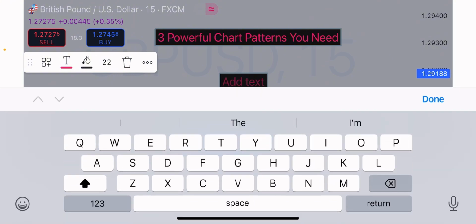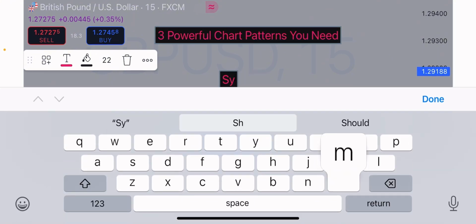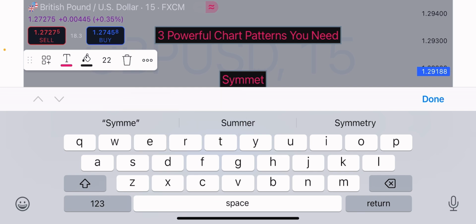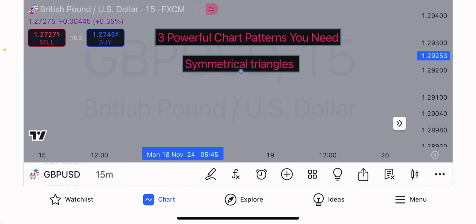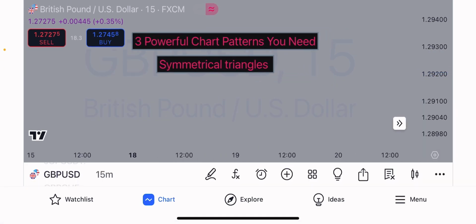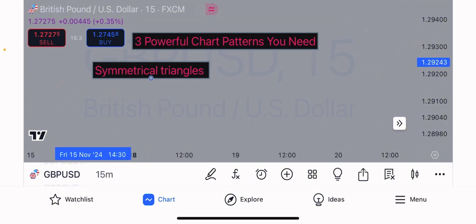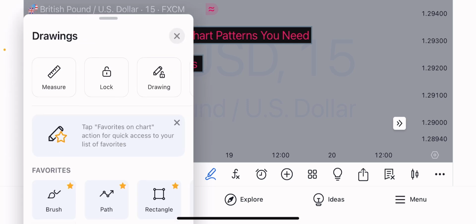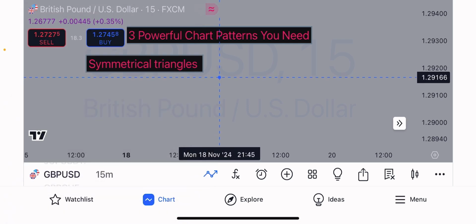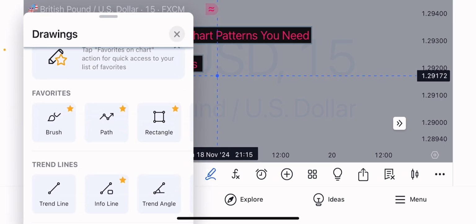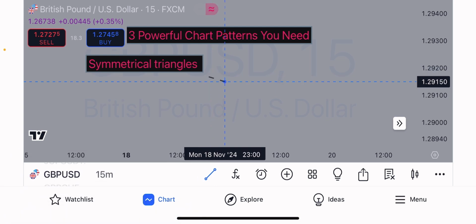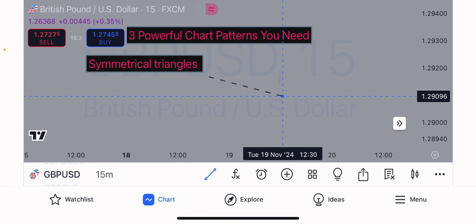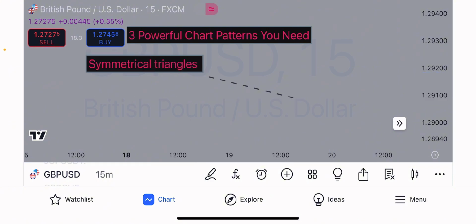We have what we call the symmetrical triangle. Okay, let's take this here, symmetrical triangles. A symmetrical triangle is just something like this. Here you have something coming from this direction, right?